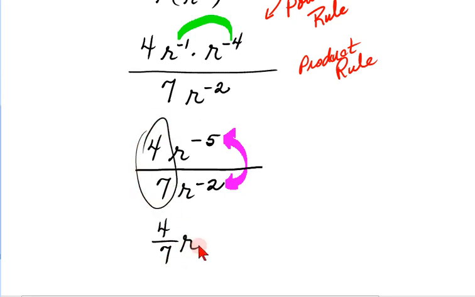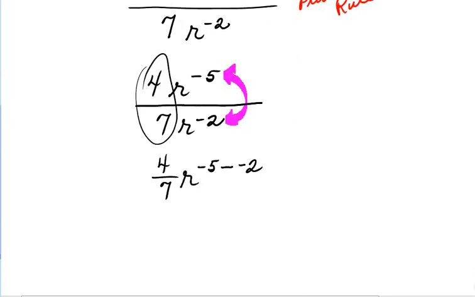And then I'm going to put r to what power? Well, I'm going to write it out. It's negative 5 minus negative 2. But when I have minus minus, I change them to plus. What is negative 5 plus 2? Negative 3. So this is 4/7 r to the negative 3.